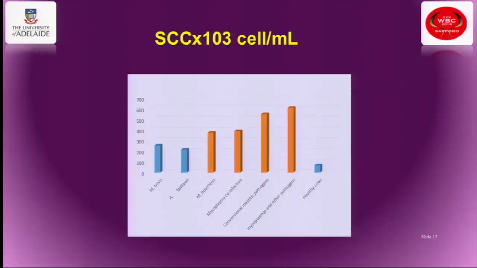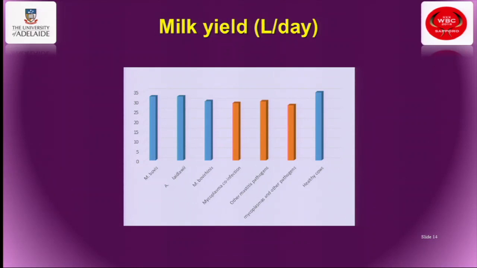Results showed that a significant difference in test day somatic cell counts was detected between almost all groups, except the group of Acholeplasma laidlawii and the healthy cows group. Correspondingly, test day milk yield was similarly affected significantly with co-infection mollicutes, other mastitis pathogen, and mixed infection groups.